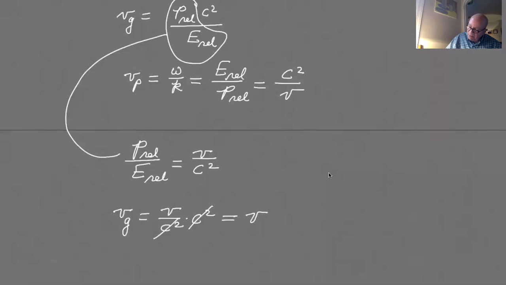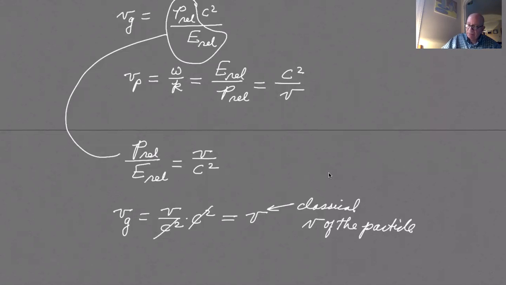This is the velocity of the particle. Okay, beautiful. So that gives us a segue now into matter waves, using the de Broglie hypothesis.